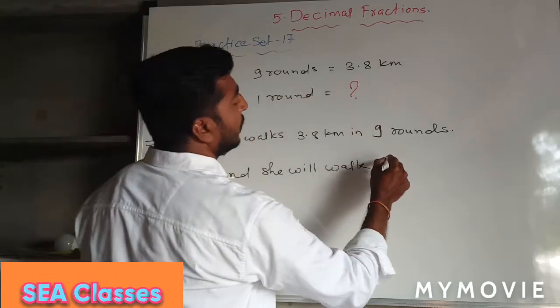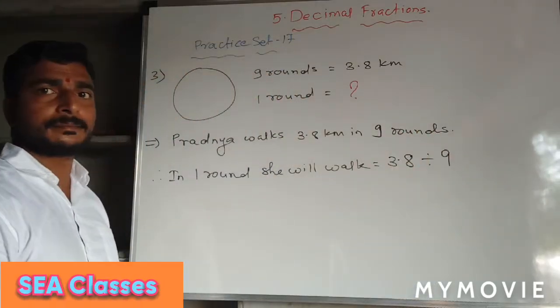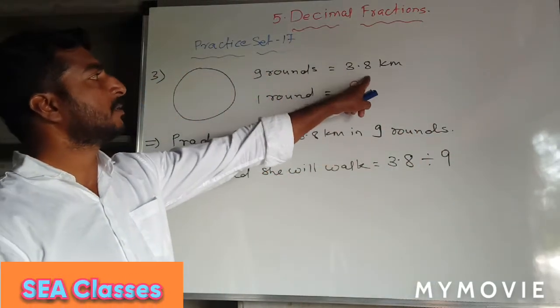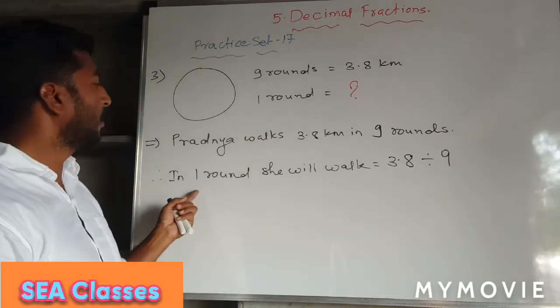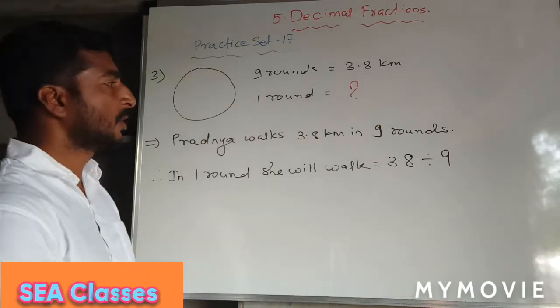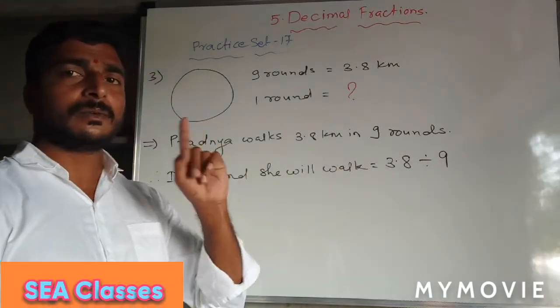So in one round it will be 3.8 divided by 9, means this total distance will be divided by 9. So you will get the distance walked in one round. So she will cover 3.8 divided by 9 distance in one round.